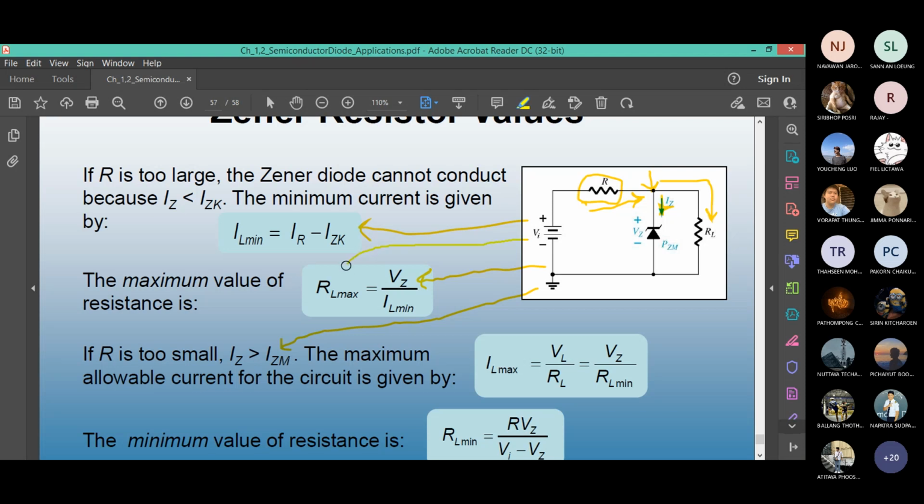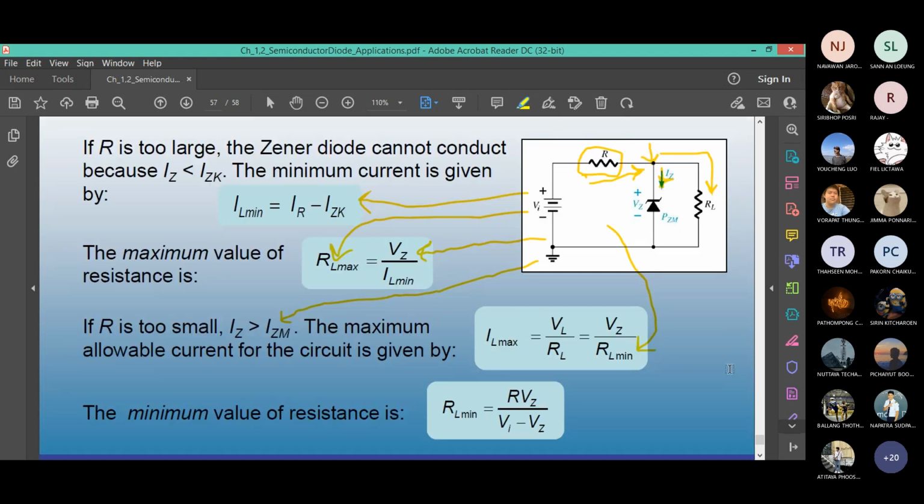You can go to a maximum point, but at the same time, you have to start at the minimum value of RL. Within this range of the load resistor, the zener will be on. Below this RL, the zener will not be on. Above this RL, the zener may not be on too because of the minimum zener current required.